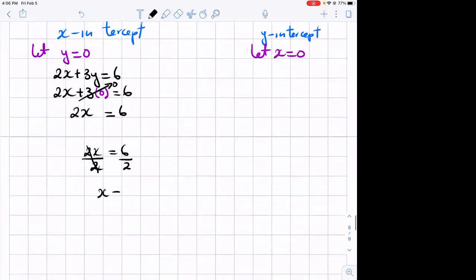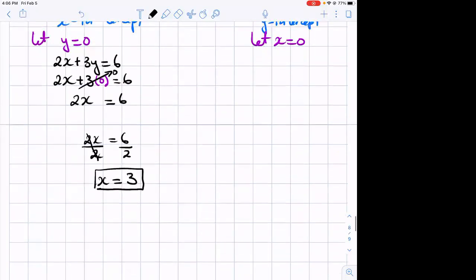So x is equal to 3. Now you're not finished, because remember, you chose y to be 0. So the point you really have here is (3, 0). I would strongly suggest, as soon as you find this answer, write your point. Okay? Write your point.